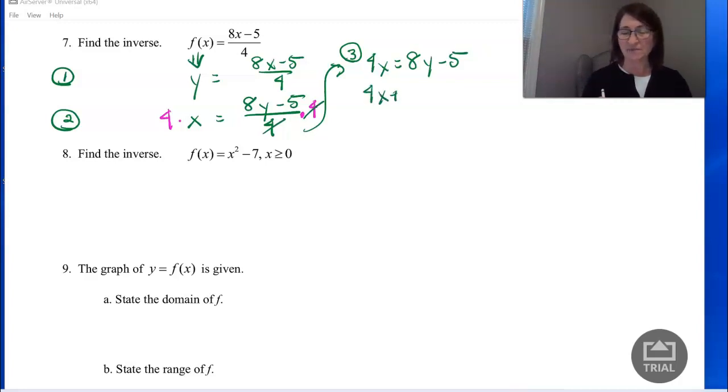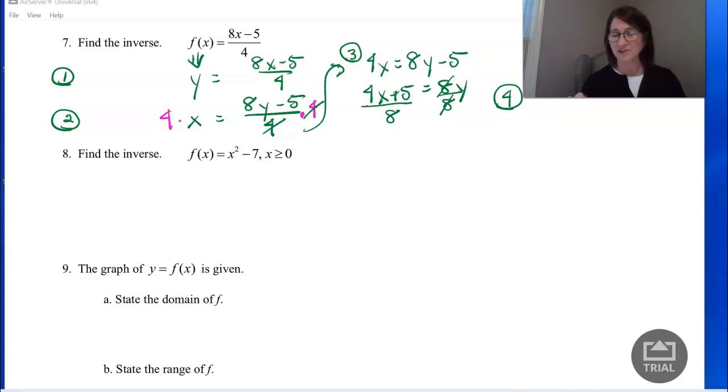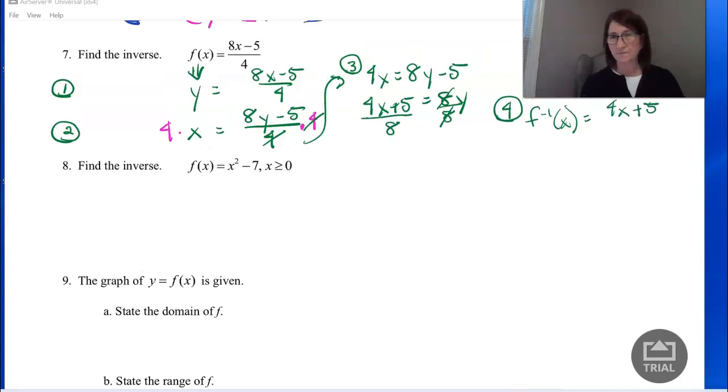So I get 4x plus 5 equals 8y. Divide by 8. So I get (4x plus 5) over 8 is equal to y. My last step, put this back into function notation. So f inverse of x is equal to (4x plus 5) over 8. There we go.